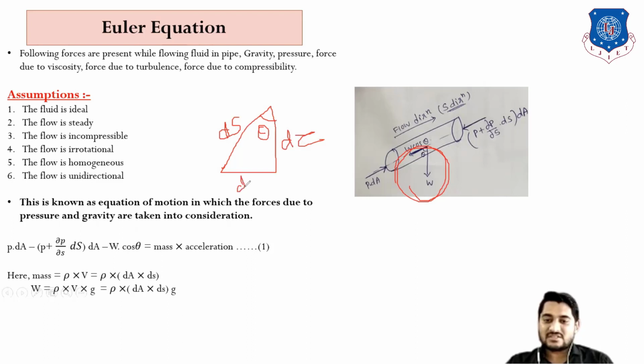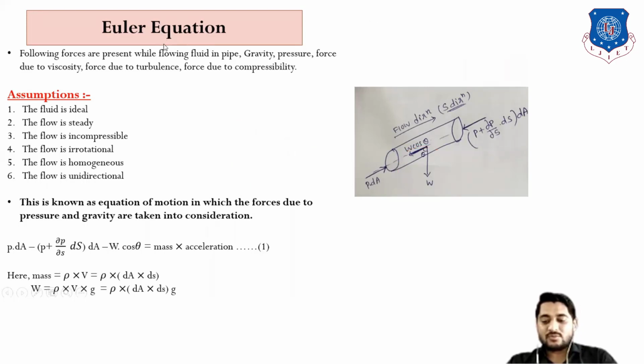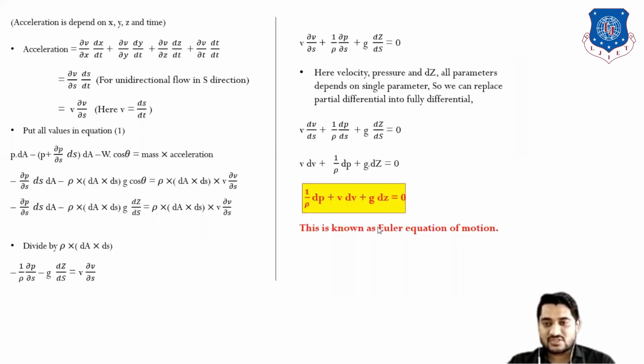And this is the x direction, so dx here. And this is 90 degrees. So this side will become the hypotenuse, right? If you want to find cos theta from this triangle, what do you mean by cos theta? Nearer side, so dz divided by hypotenuse ds. So dz divided by ds is the value of cos theta. Clear? So we put the value of cos theta in this equation. So instead of cos theta, we put dz by ds.